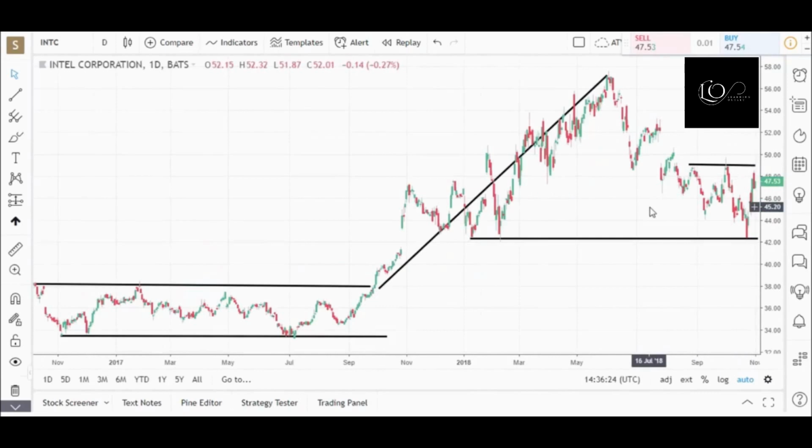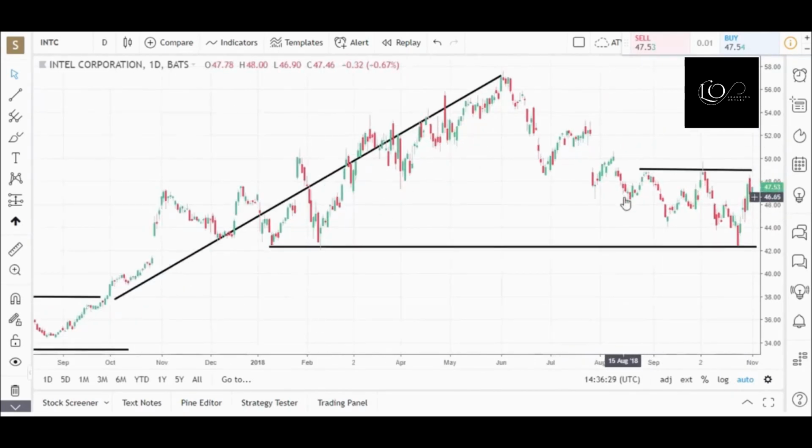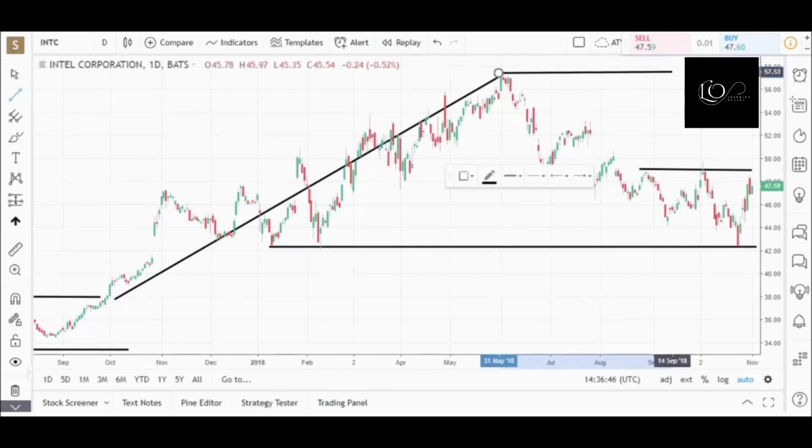And we see the minor resistance level as the stock is bouncing up in a downtrend. Our major resistance level at this point would be the high that the stock reached just below 58. So there we have an example of a major and minor resistance level early in the chart.